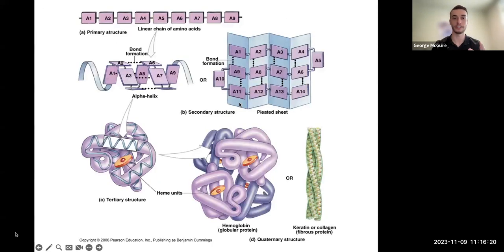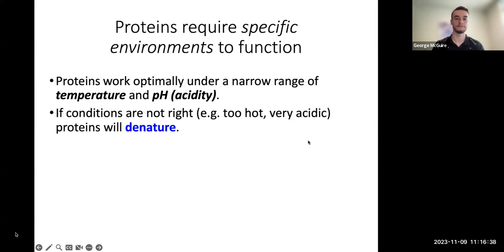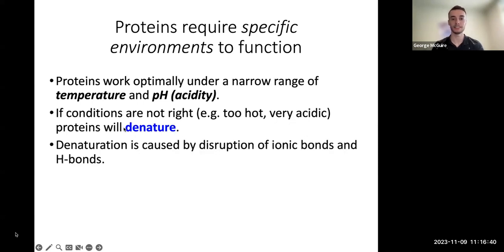It will cause all of these magnetic attractions and hydrogen bonds that are holding this shape together to be disrupted, and thus it will work backwards. It will unravel from its quaternary or tertiary structure all the way back to a single line of amino acids. And so again, that process is called denaturation. So when a protein starts to unravel, it is denaturing.